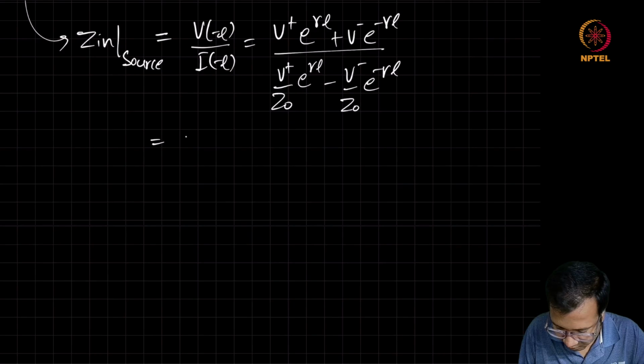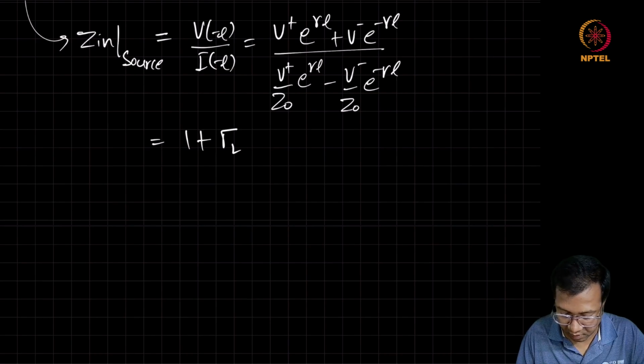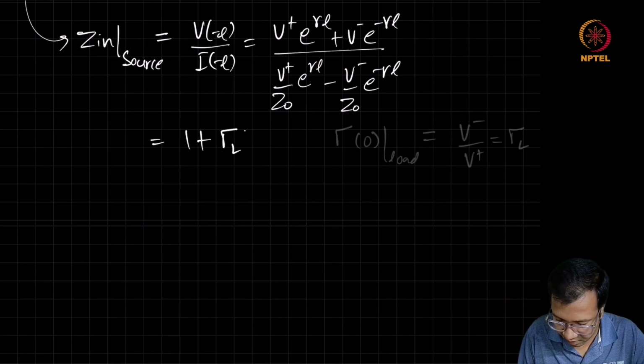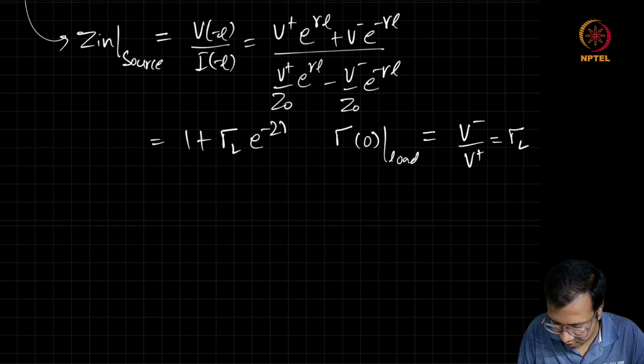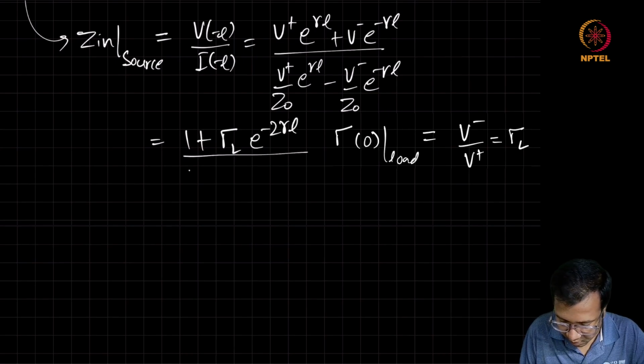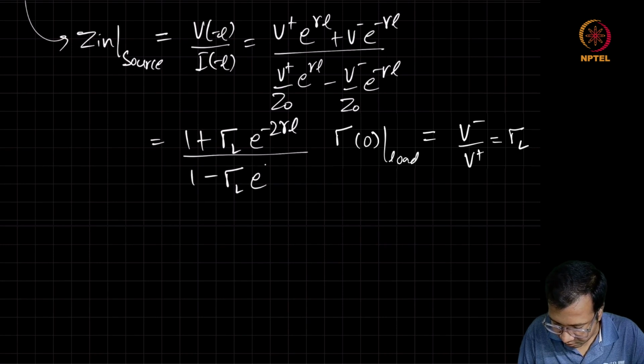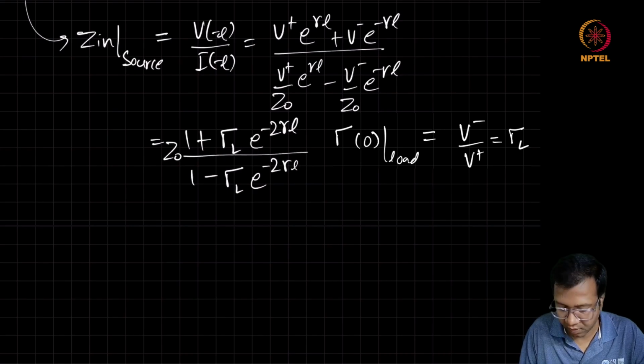It becomes 1 plus V minus by V plus, which is the same as the reflection coefficient at the load side, let's call it capital gamma L, e to the power minus 2 small gamma L, divided by 1 minus capital gamma L e to the power minus 2 small gamma L, and the Z0 comes in the numerator.